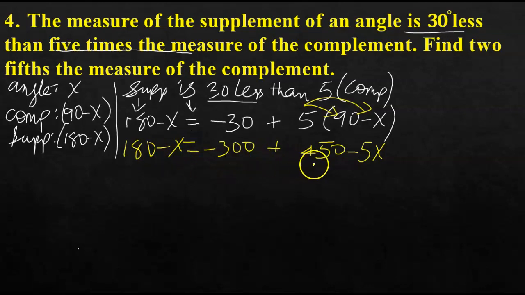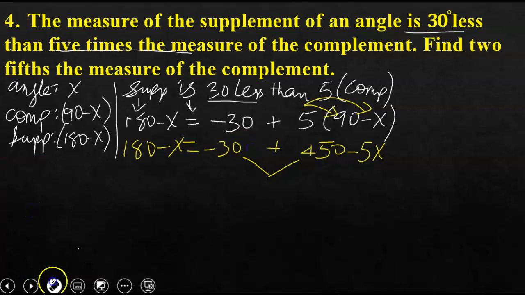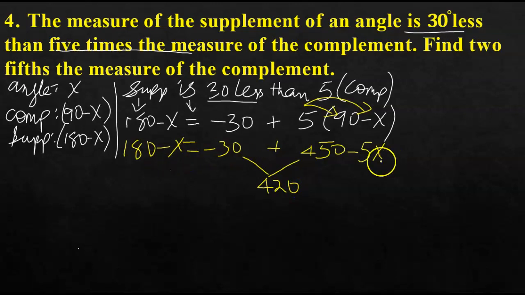Okay, so we collect like terms. It's negative 30 plus 450 will give us 420. So we are just subtracting 30.